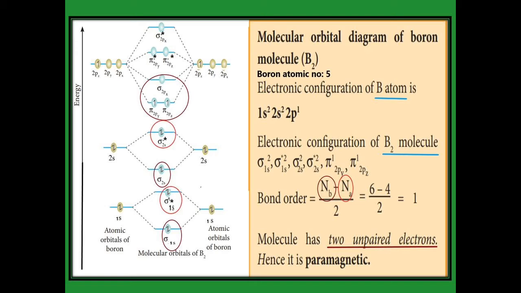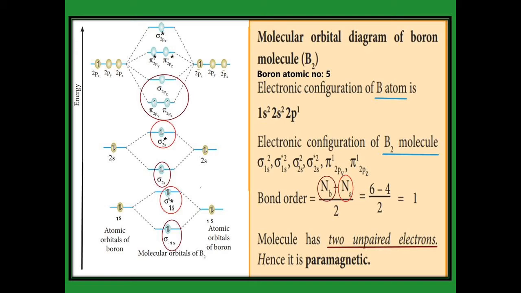Based on Hund's rule, they first fill the lower energy orbitals, and only afterwards go to higher energy levels. Now we are going to write the electronic configuration of the boron molecule.